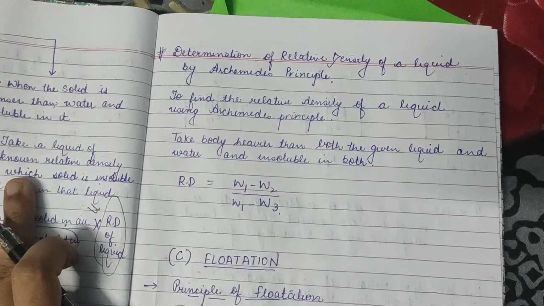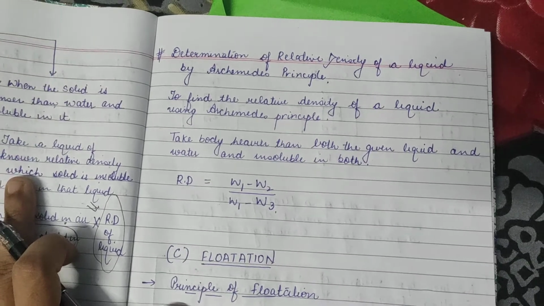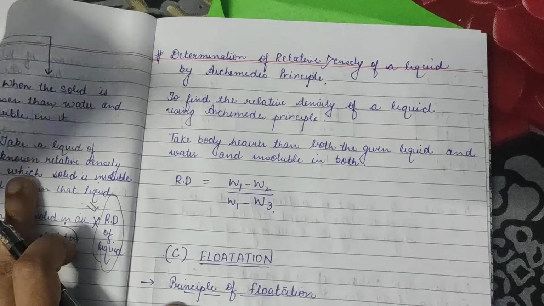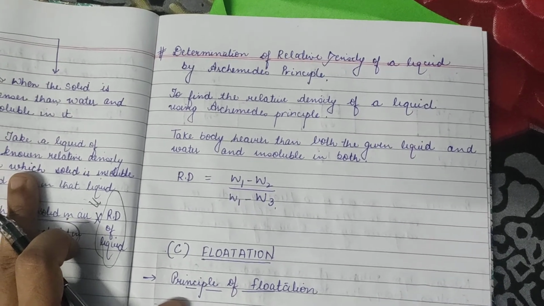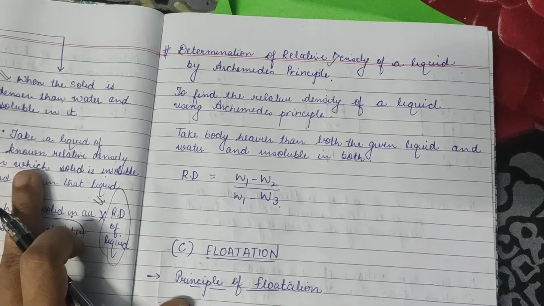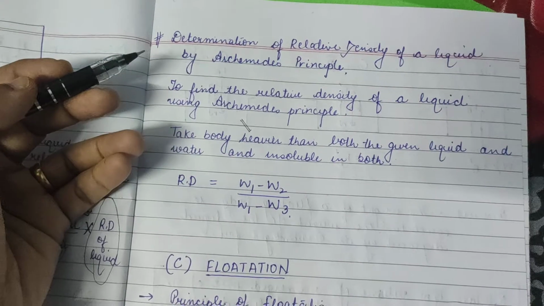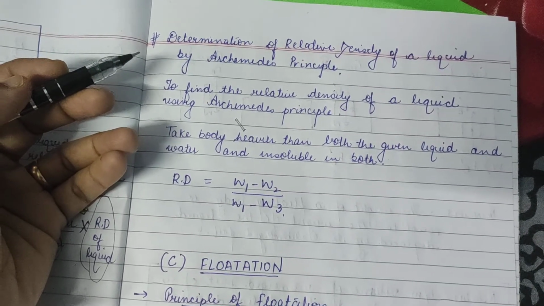To find the relative density of the liquid, we will take a body heavier than the given liquid and the water, and insoluble in both. Now we take another liquid, another body here.